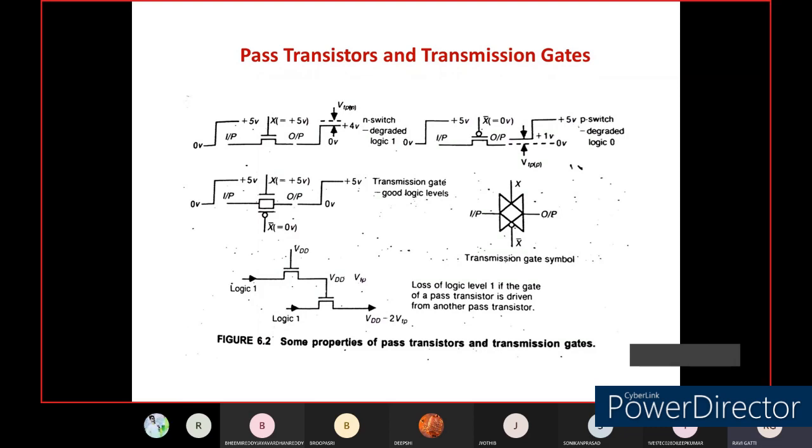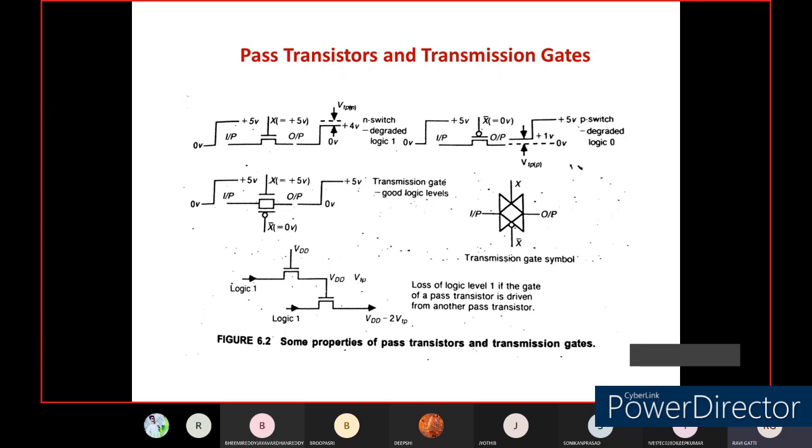The voltage degradation means the reduction in the voltage from input to output. It will depend upon the threshold voltage, depending upon the low logic and the high logic. Now you can see here, when the input terminal is high, and you give X equal to plus 5 volts, then you will get an output voltage of 0 volts.